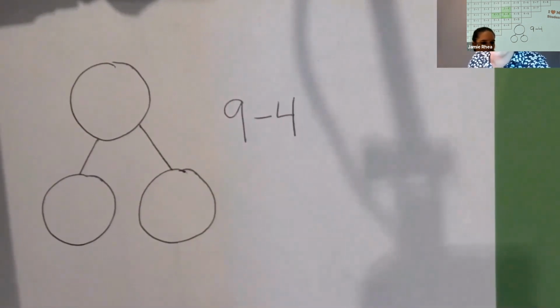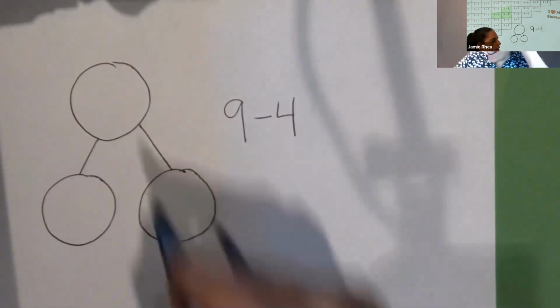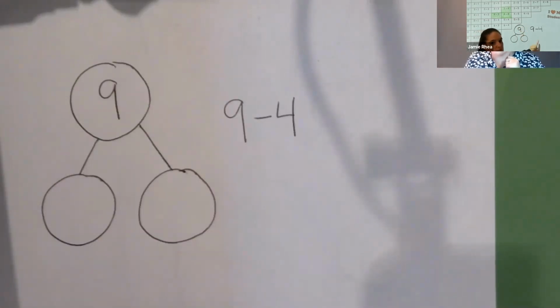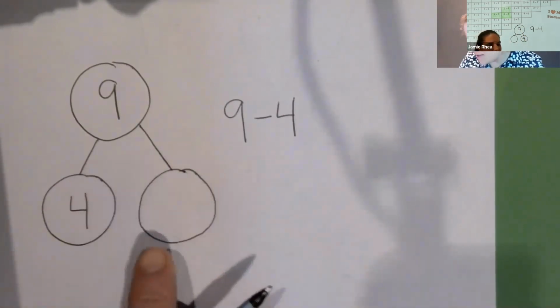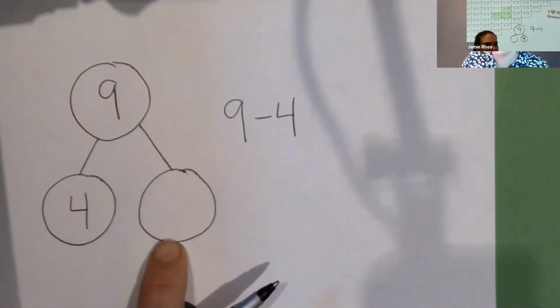In 9 minus 4, what is our total? 9. What's our known part? 4. Very good. And right now, we'll leave this missing part blank.